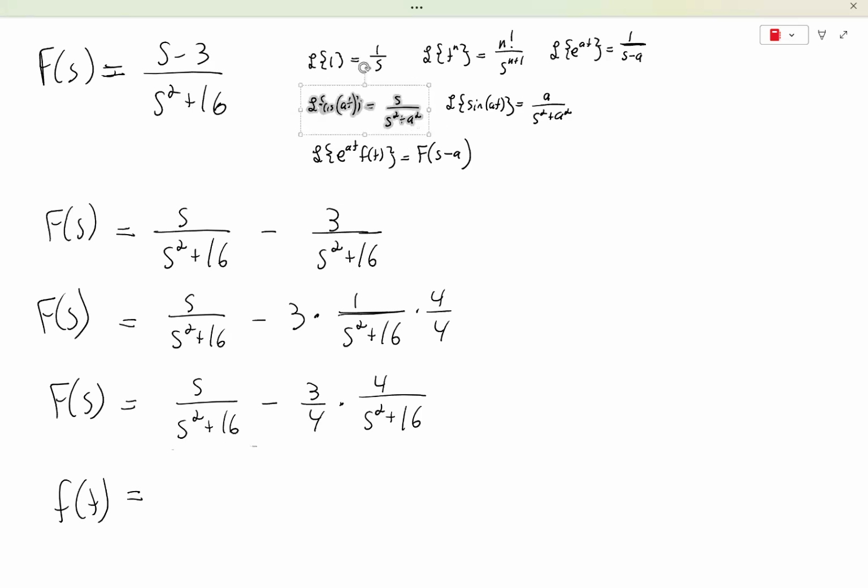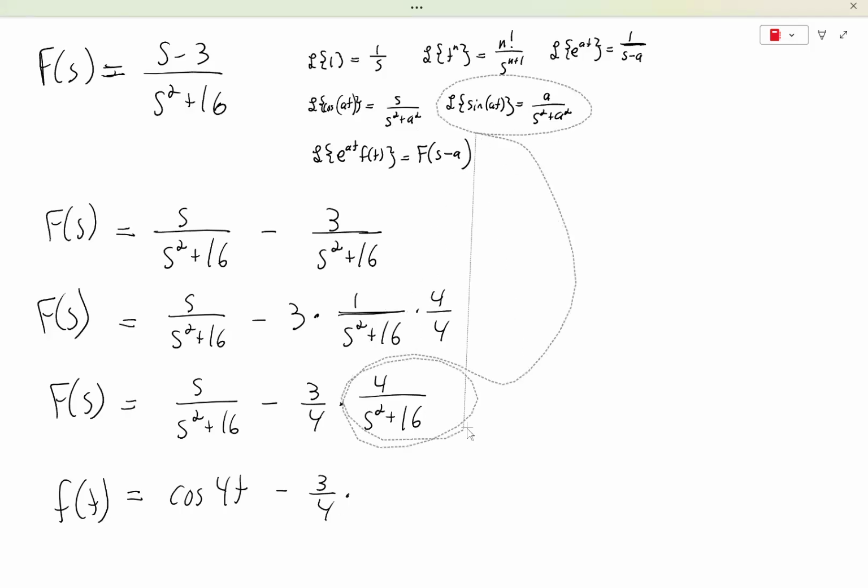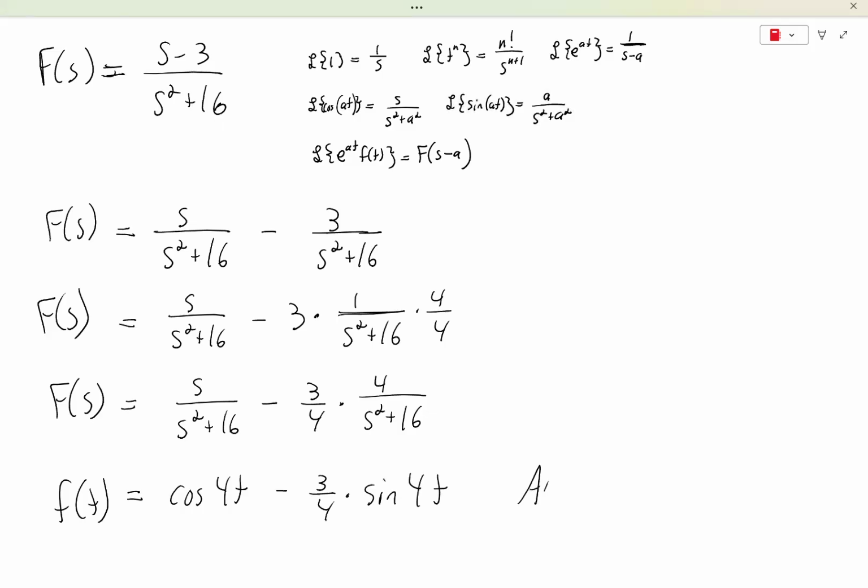So it's cosine 4t minus 3/4 times, and then the other one over here, that would be sine 4t, from this one. So the a is 4 here, so that'd be sine 4t for that one. And that's the answer there.